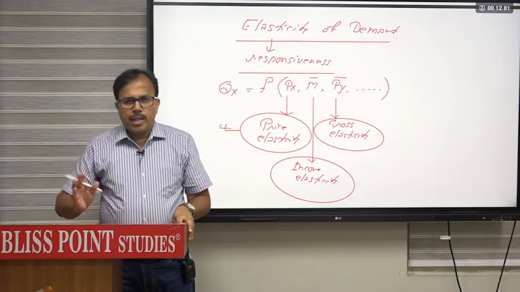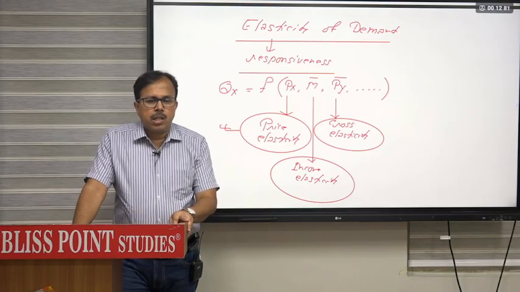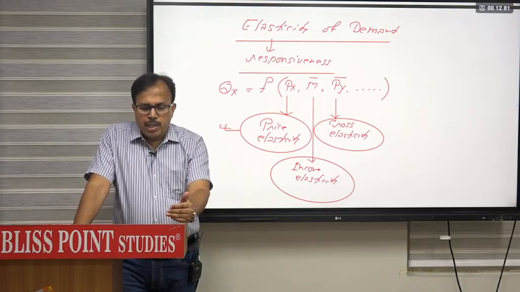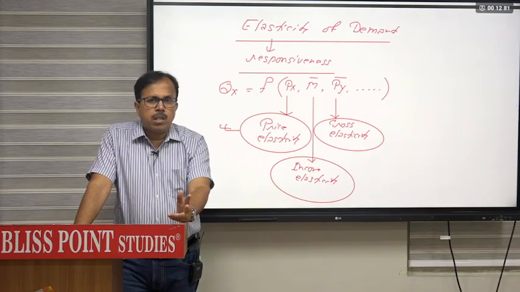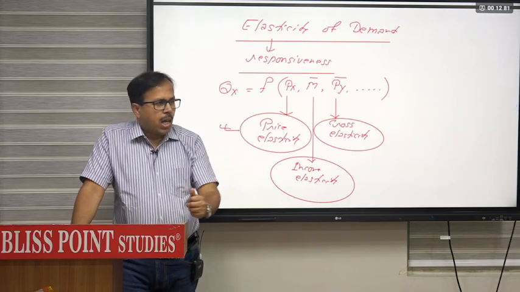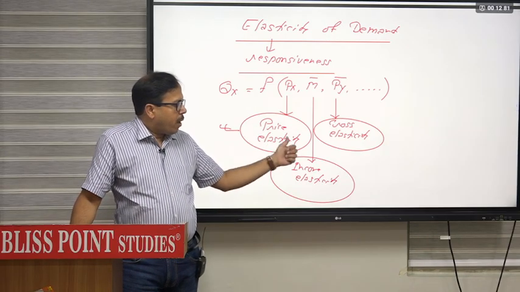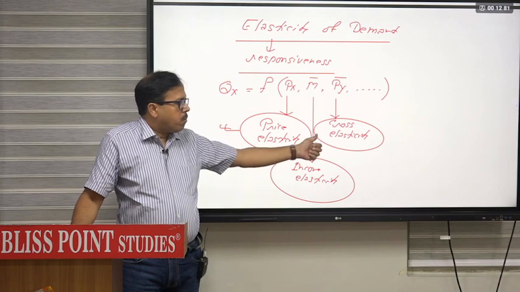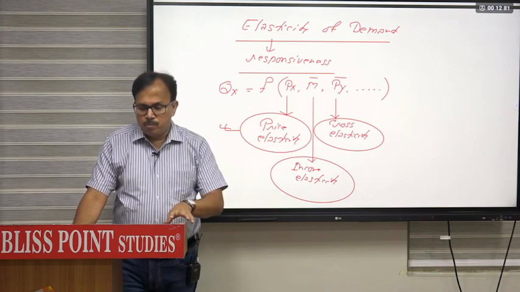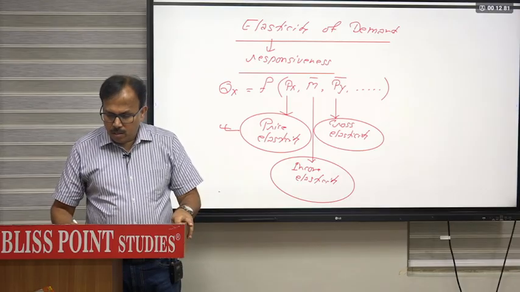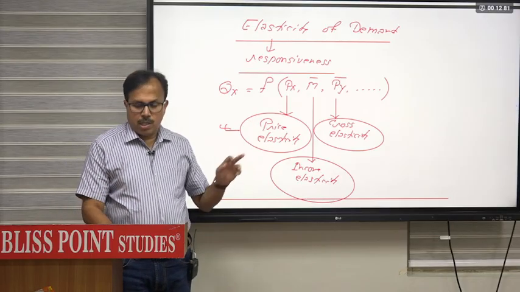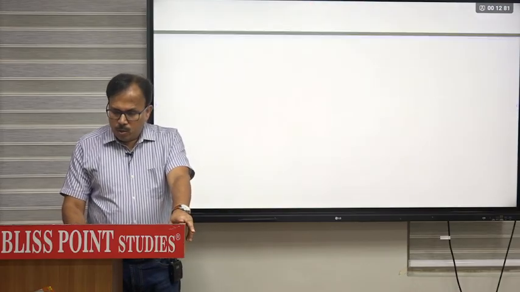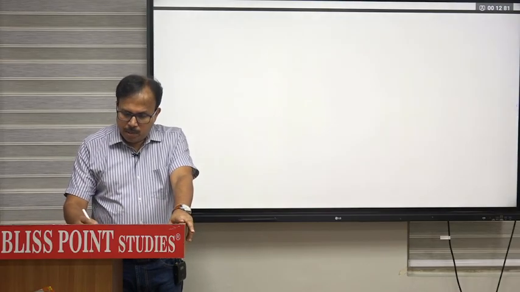So if you want to write a simple definition for the elasticity demand, then you can write only one line, that it is a numerical measure of degree of responsiveness in quantity demanded due to change in either price of commodity or income of consumer or price of related commodity. Now given that, since we have to explain all three, focus on this price elasticity demand. So next you write price elasticity demand.